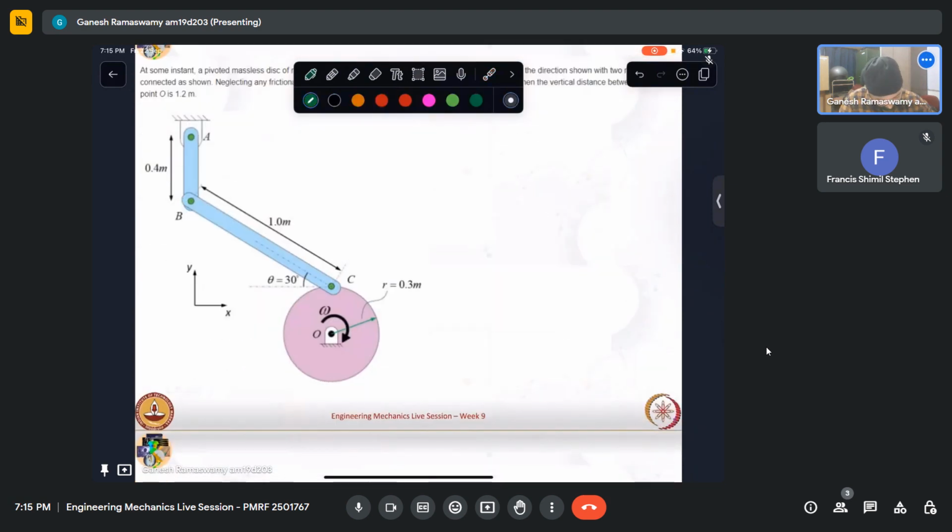Now we know this distance is 0.3 meters.